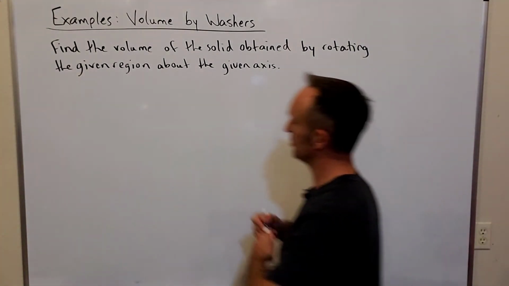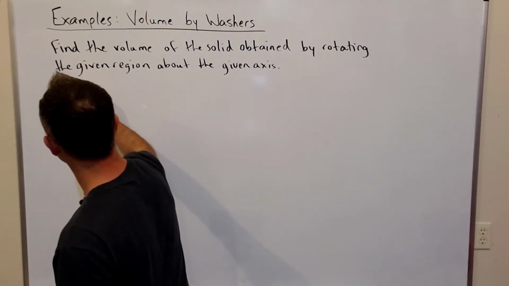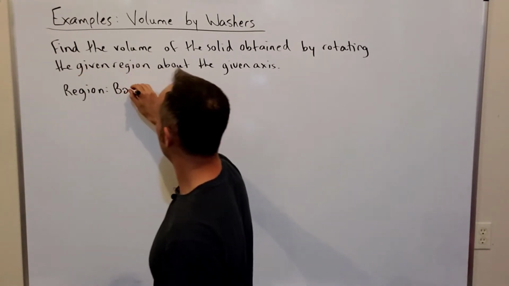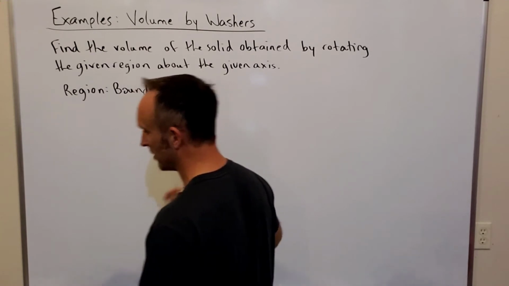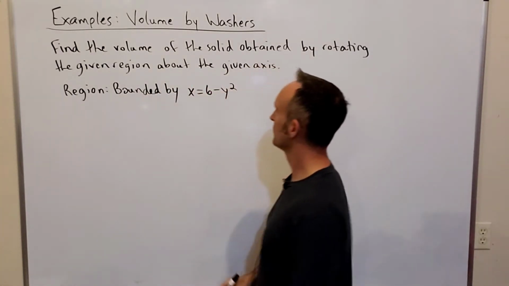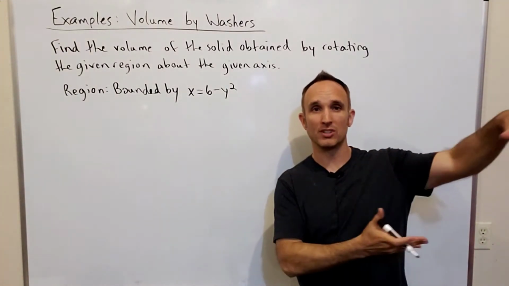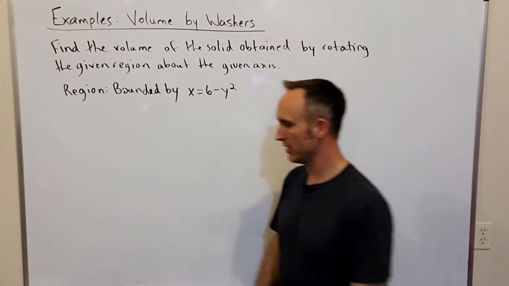So the first example, let's say the region is bounded by the curve x equals 6 minus y squared, which is a parabola that opens horizontally, and since the y squared is negative, it actually opens to the left, okay?